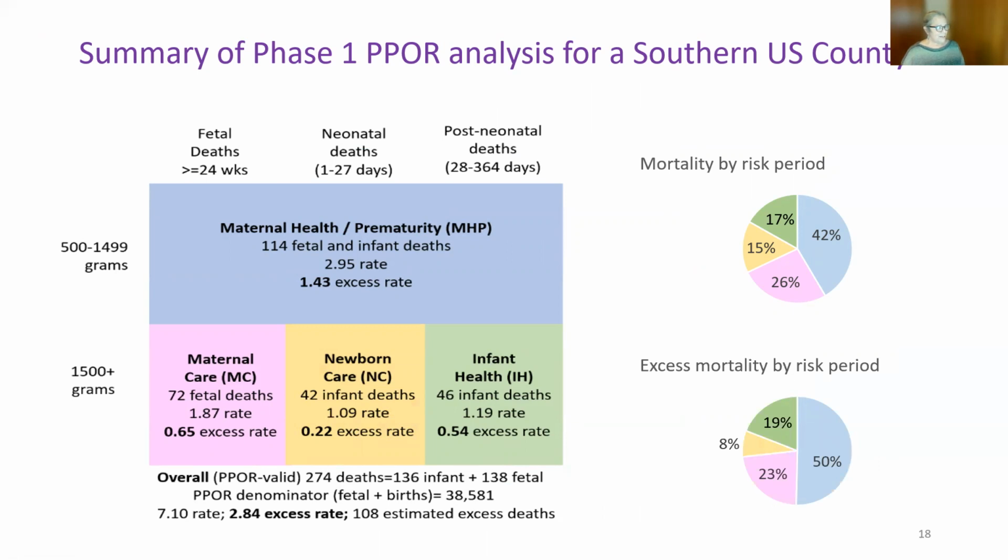The excess tells you how much of that is preventable, and it's interesting that the excess increases for the blue part of the pie, and it decreases for the yellow part of the pie. And that means that fewer of those yellow ones were preventable, but more of the blue ones were preventable. So fewer newborn care and more maternal health and prematurity.